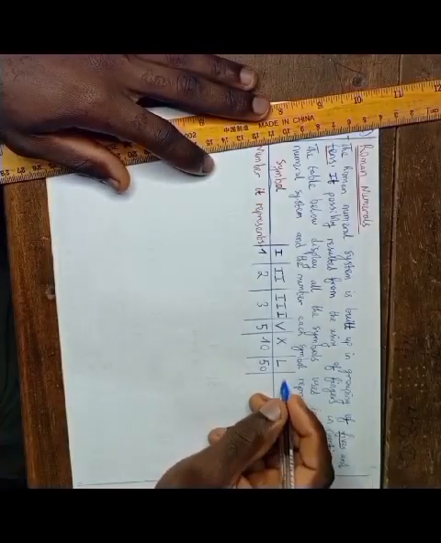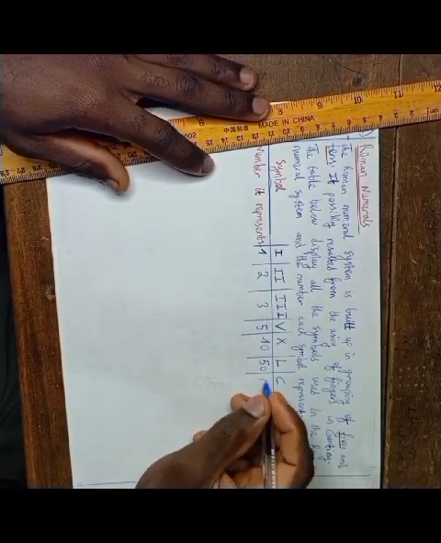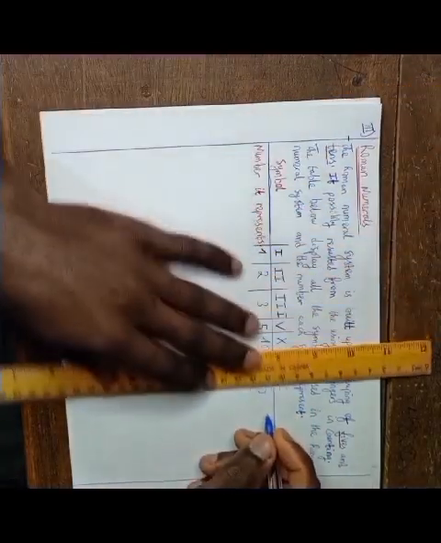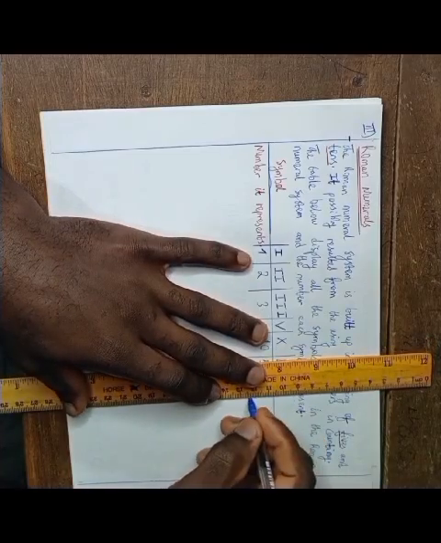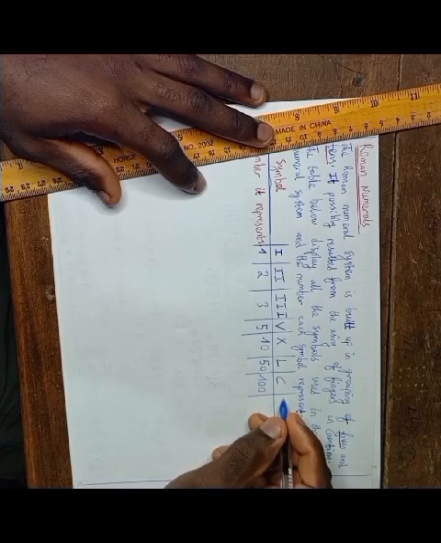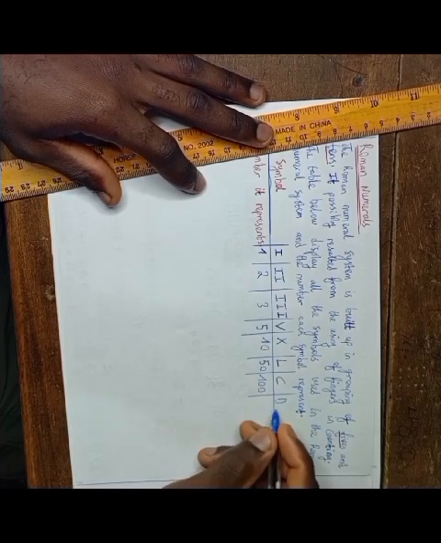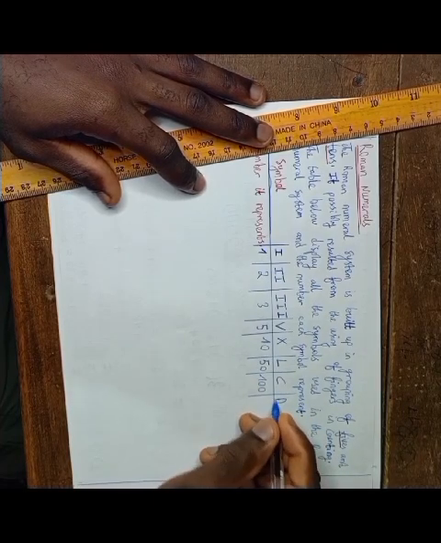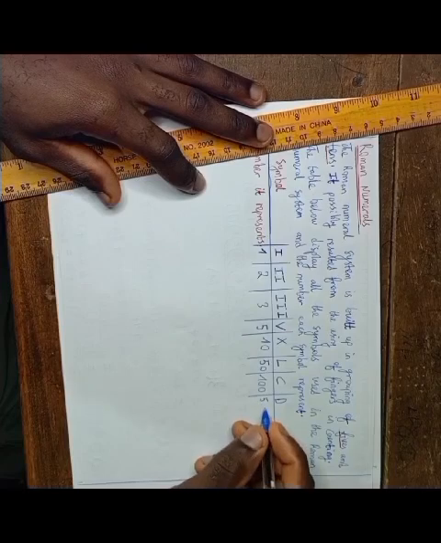Next, they made use of the symbol C to represent the number 100. Next, they made use of the symbol D to represent the number 500.